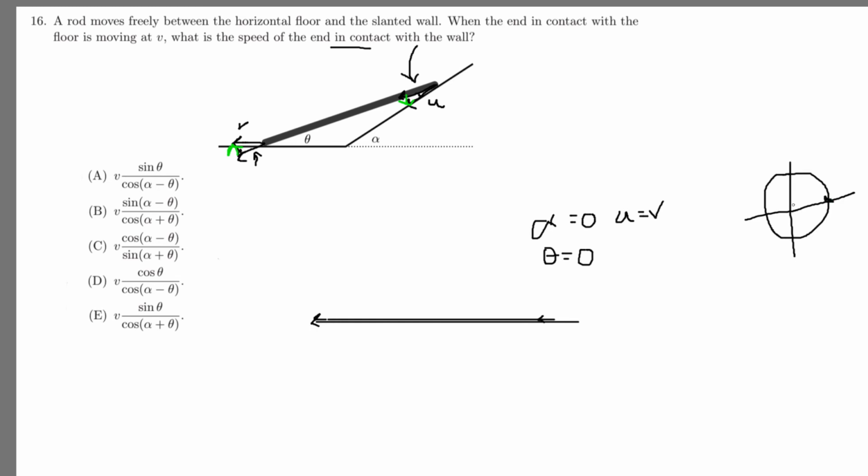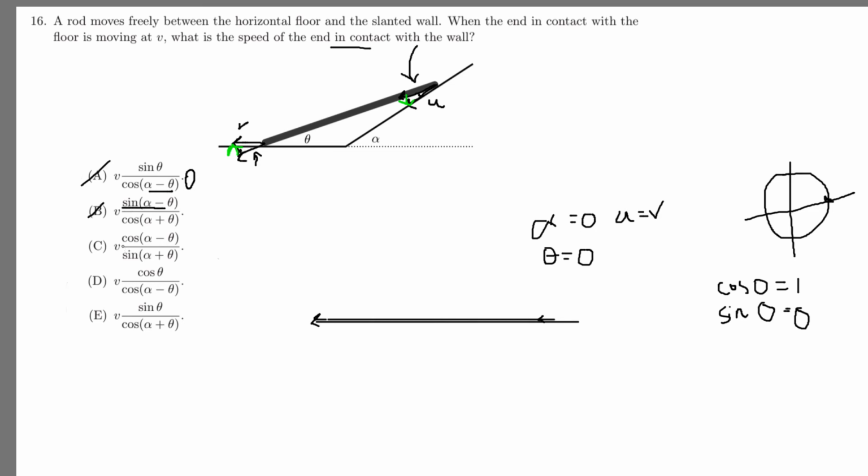Cosine is 1, sine is 0. So we want 1 over 1 on one of these. For the first one, we have 0 over 1, because alpha minus 0 is just 0. So this would end up as 0, which means not A. Same thing here. Sine gives you a 0 on the top. Doesn't work.